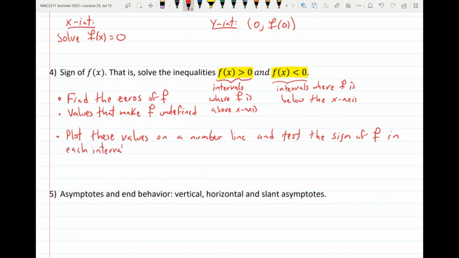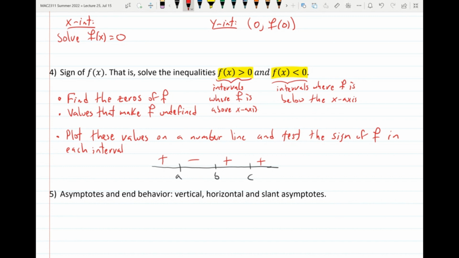And remember how you do this by picking a value inside each of the intervals and plugging in, and whatever sign the function f has at the value, that will be the sign on the entire interval. Okay, so typically in this step, you're going to have a picture like this, and then you're going to have some numbers, let's say A, B, C, whatever, and you may have some signs, that kind of stuff.